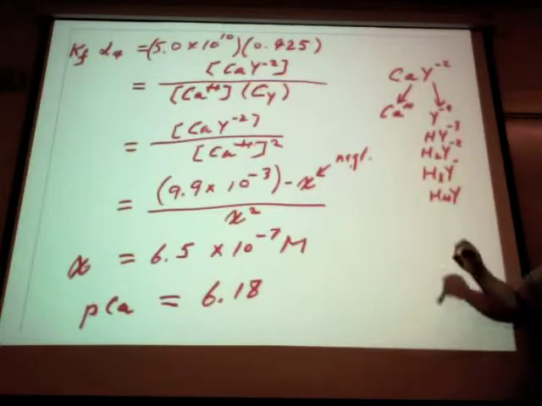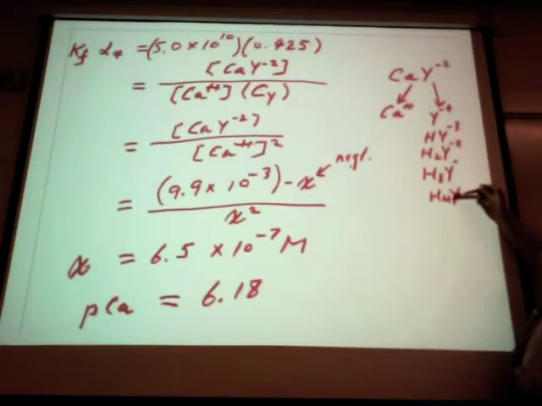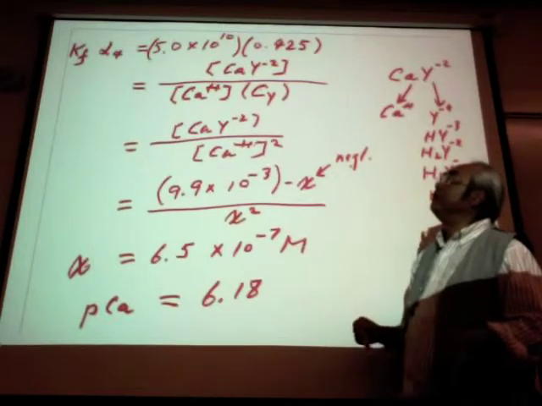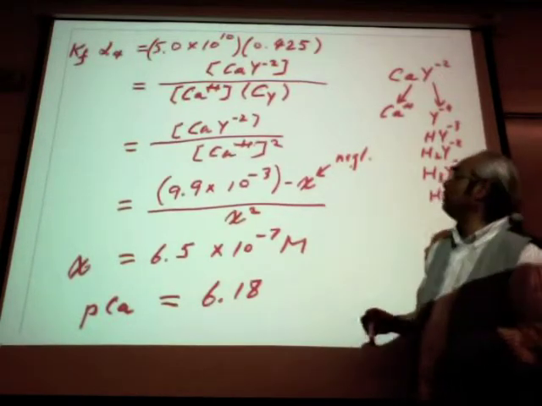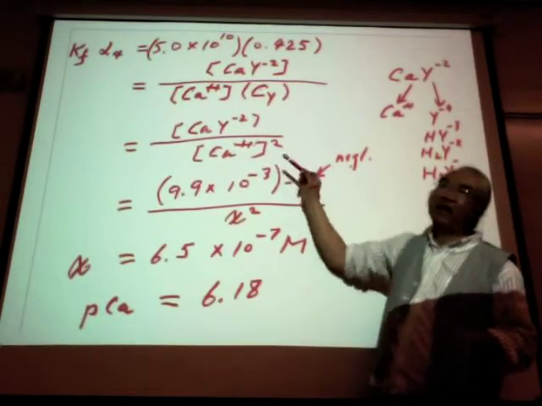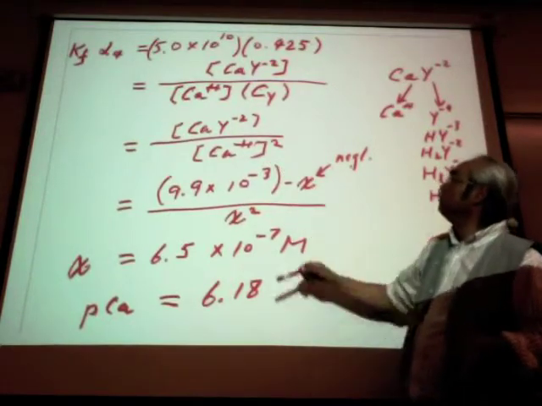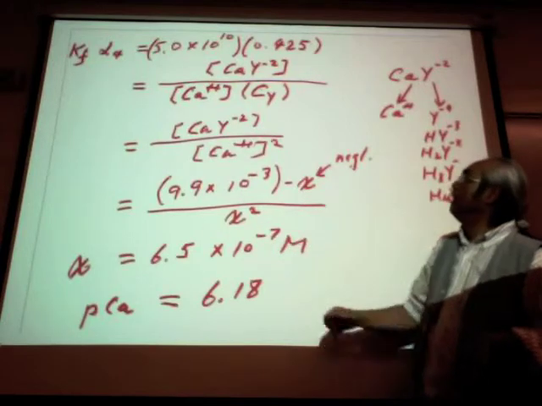So now Cy equals X. And we are solving for calcium 2 plus, so conveniently, just call this X squared. So the rest is just calculation.